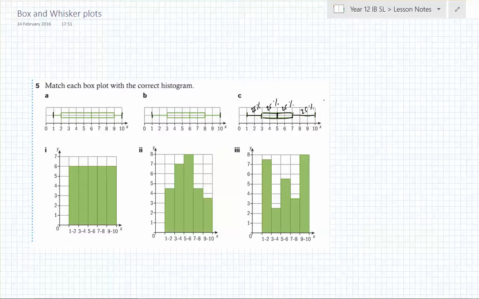Which one does it suggest if there's quite a nice even spread? I. So this would suggest 1 to 2, 3 to 4, 5 to 6, 7 to 8, and so on. It's all exactly the same. So that would suggest that I would go with C.